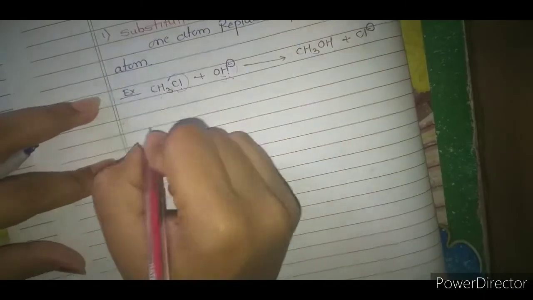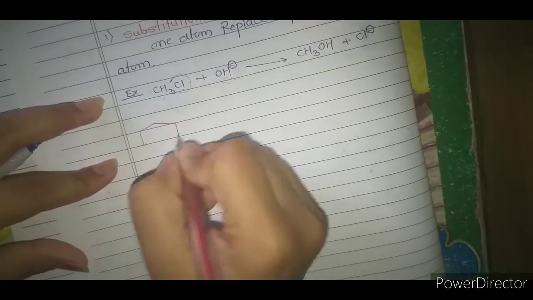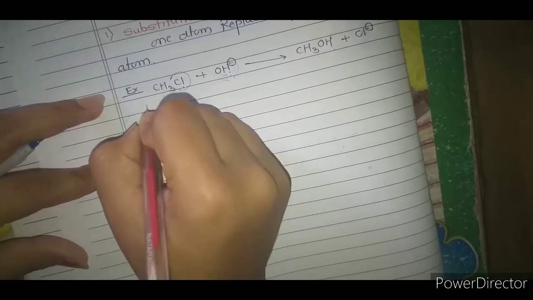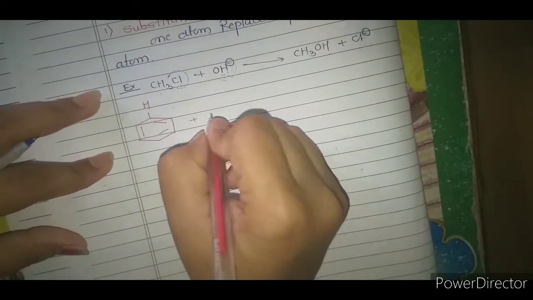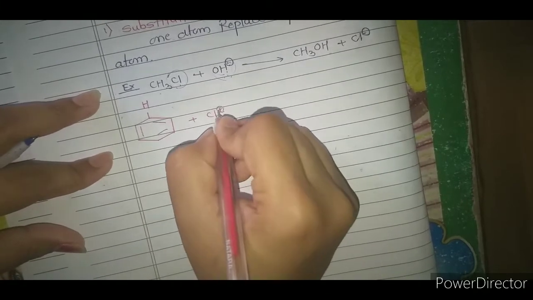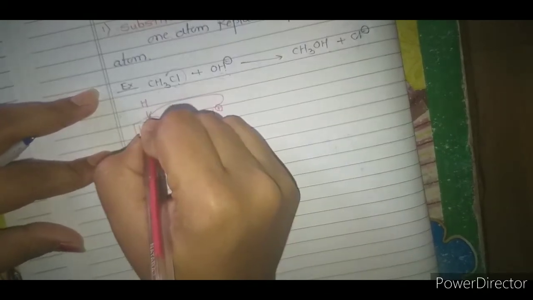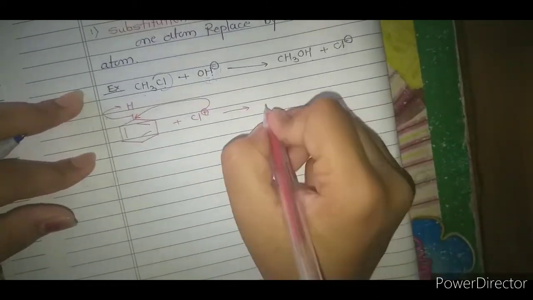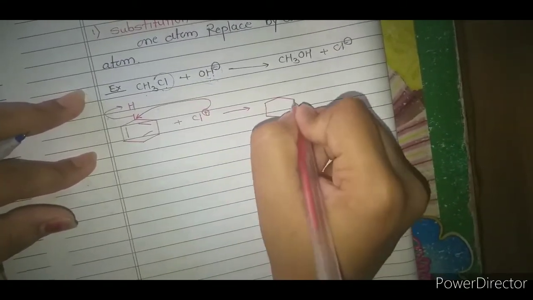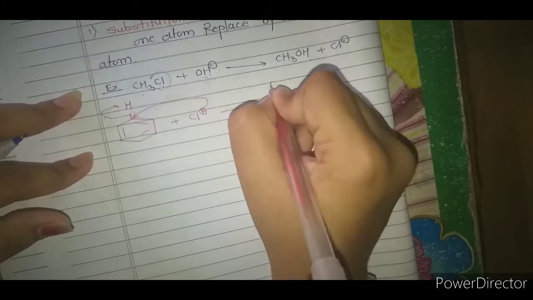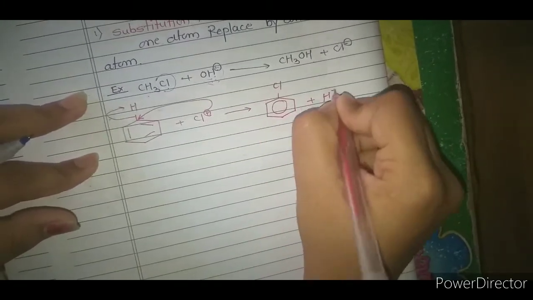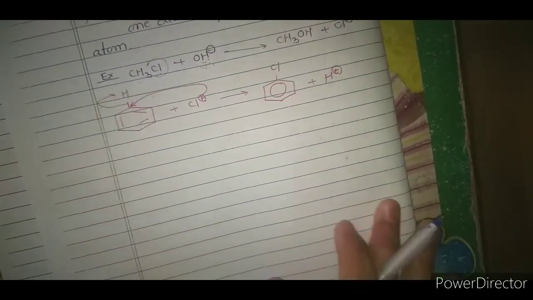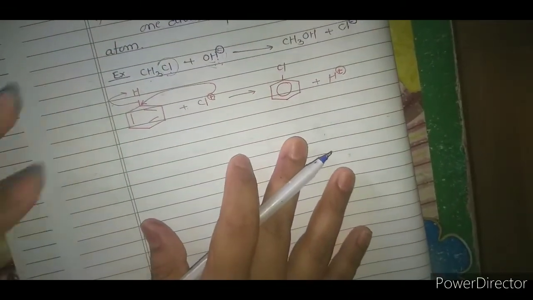Next example is, okay. So what happened in this case? This chlorine attacks here and this hydrogen is removed from here and forms this compound. H plus is removed. Okay. So in substitution reaction, what happened?